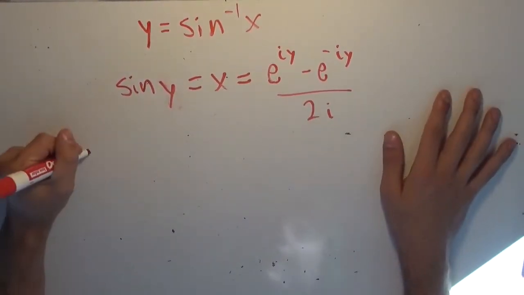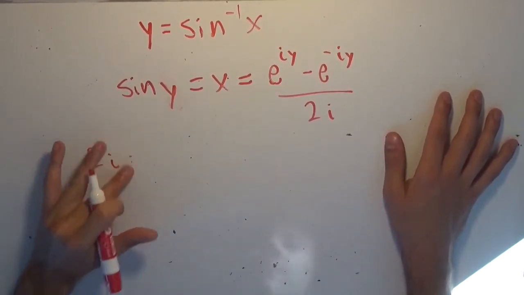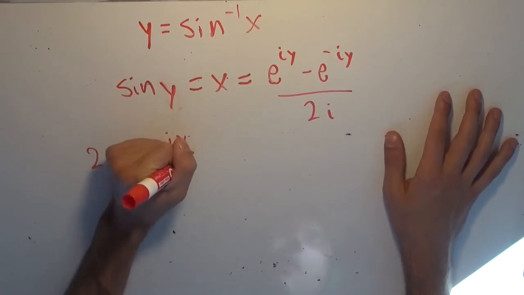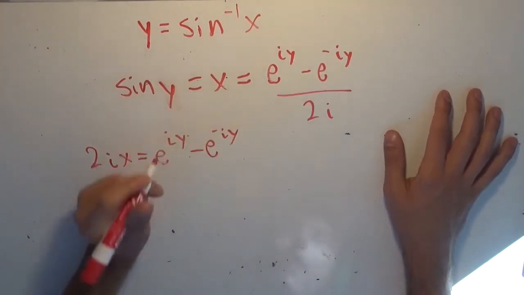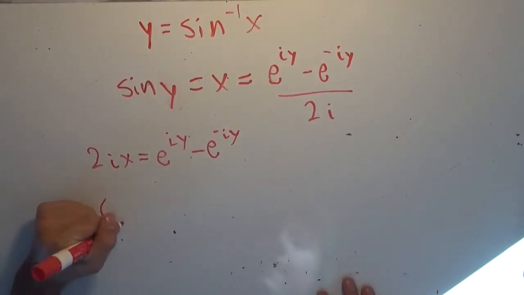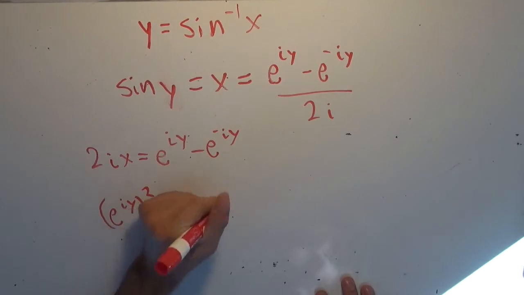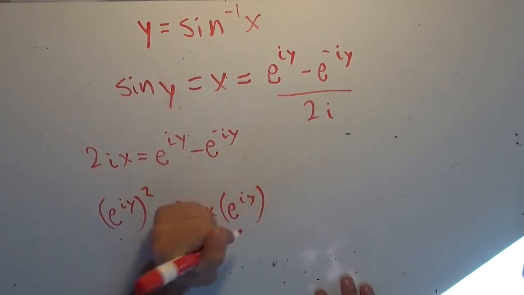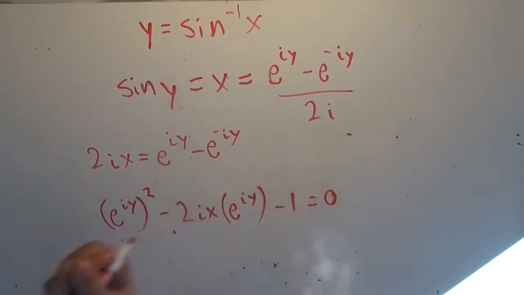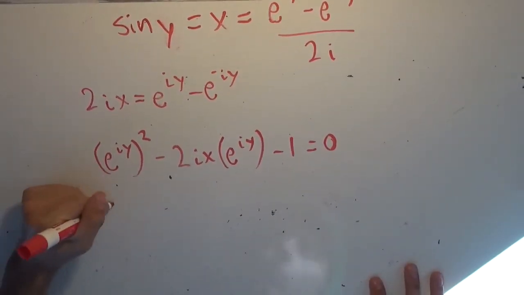Multiply 2i over, we get 2ix equals e to the iy minus e to the negative iy, multiply through by e to the iy and subtract that term over, and we get e to the iy squared minus 2ix times e to the iy minus 1 equals 0.